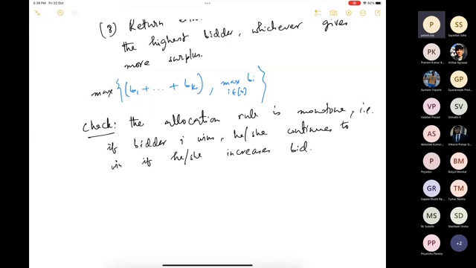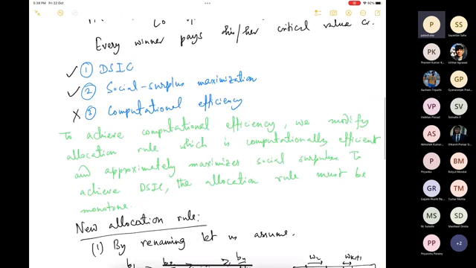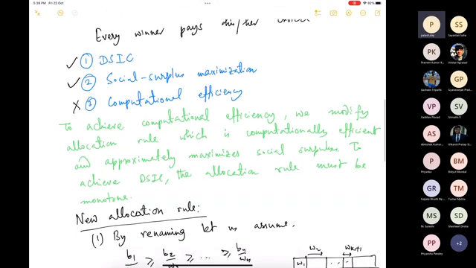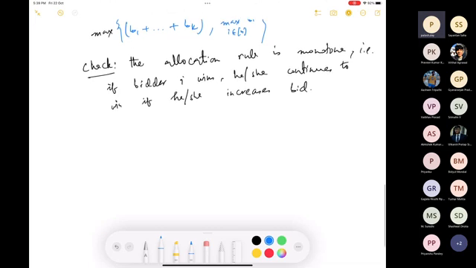Okay, now everything is good. We just need to ensure how much we have lost in terms of social surplus maximization. And here is a theorem. We claim that we have lost at most 50%. Again, truthful bidding is guaranteed because the allocation rule is monotone.